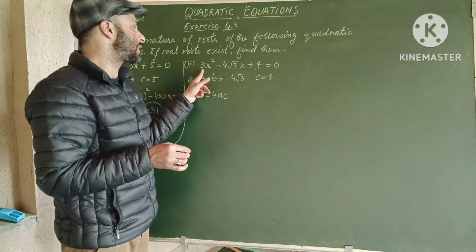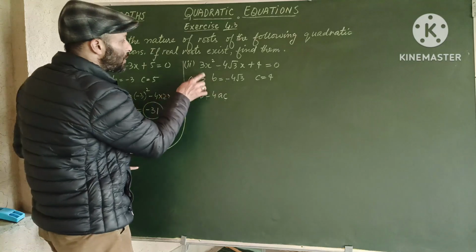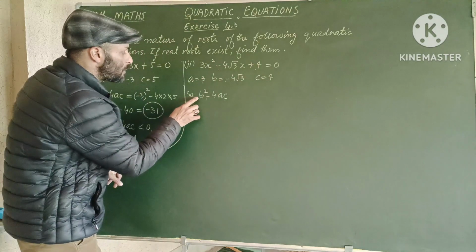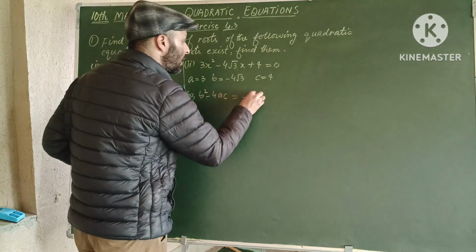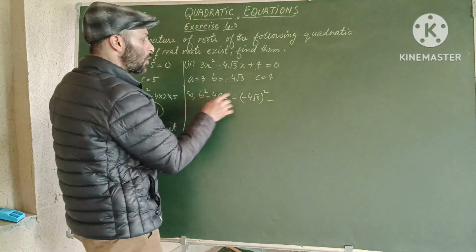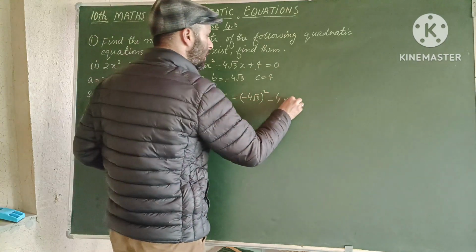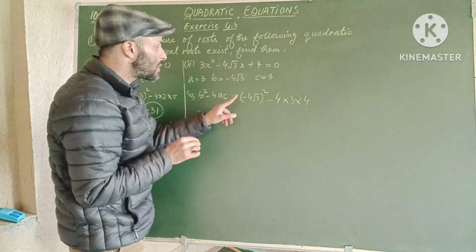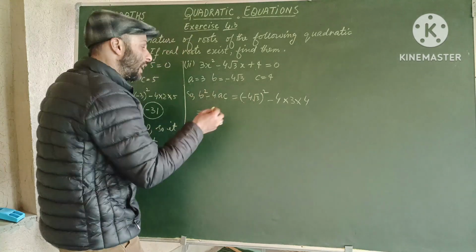Part two is 3x square minus 4 root 3 x plus 4 is equal to 0. The value of a is 3, b is minus 4 root 3, and c is 4. Now b square minus 4ac is minus 4 root 3 whole square minus 4 into 3 into 4.